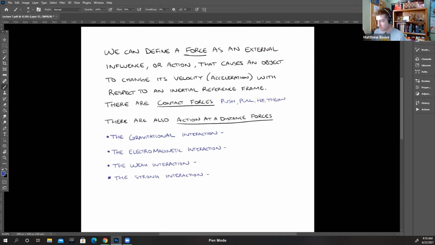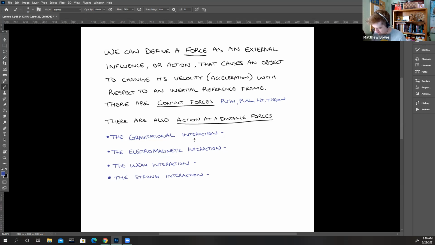All of those forces that we all sort of intuitively understand already. So those are contact forces, when one object is in physical touch of another object, causing it to change its velocity. The action at a distance forces can also change something's velocity just without physically getting near one another.